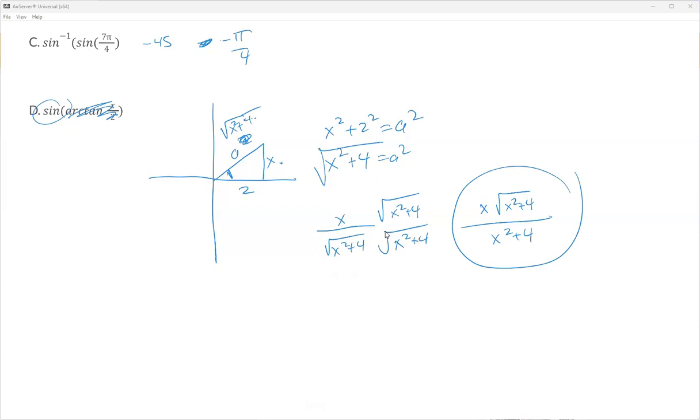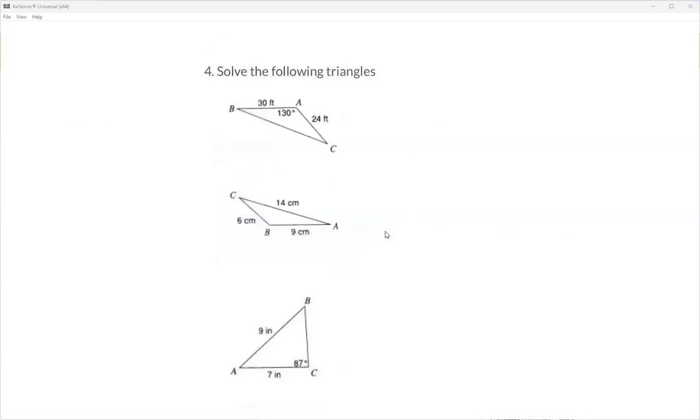And number 4, use the law of cosines. a squared is equal to 30 squared plus 24 squared minus 2 times 30 times 24 times cosine 130.